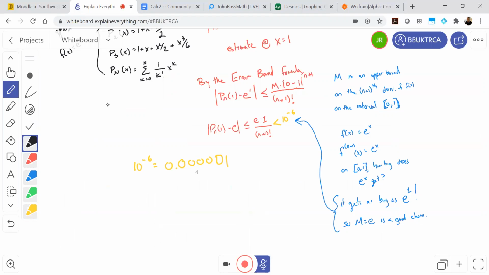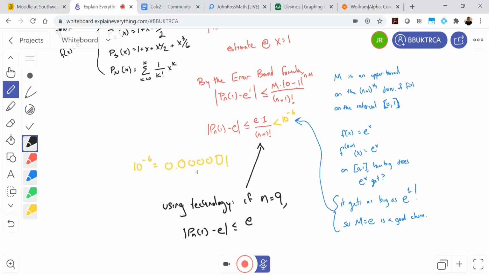So we can note, sort of using technology, if n equals 9, we saw that this expression was less than or equal to our calculated error bound, right?